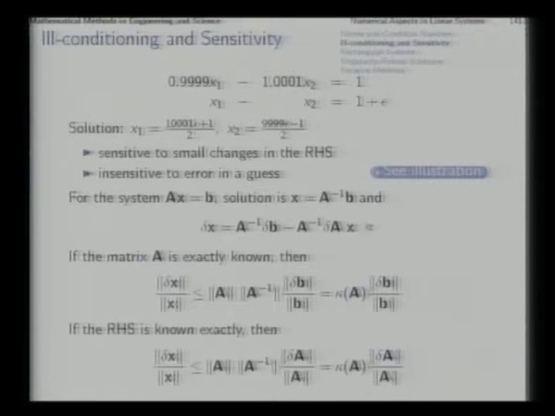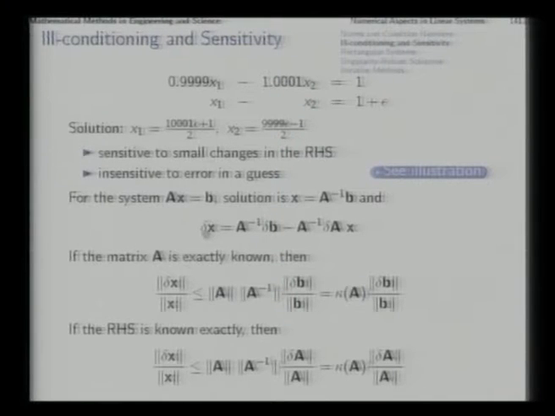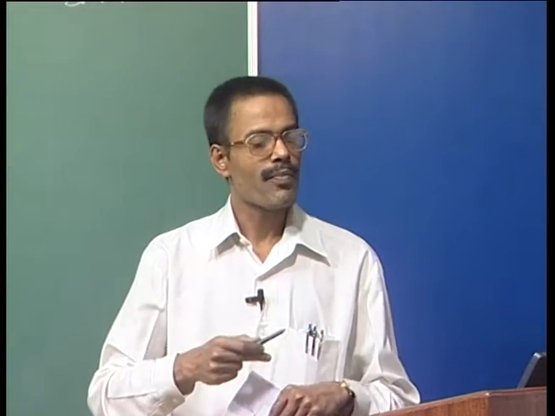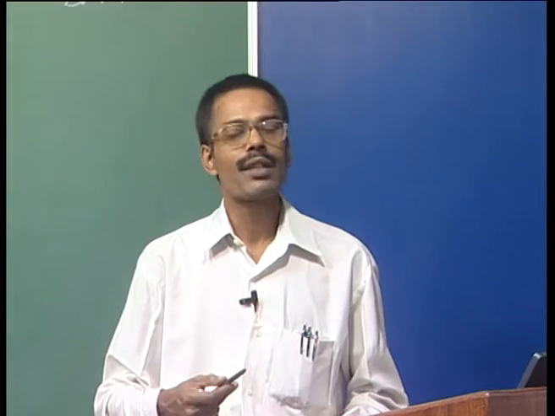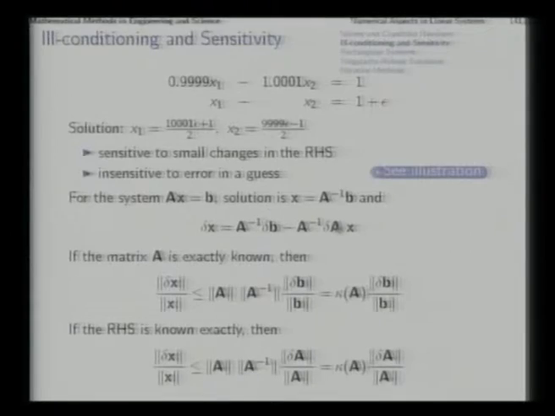Now, this we use as our important relationship which tells us how delta x changes with small errors in right hand side and small errors in the coefficient matrix. We consider the two issues separately. First, suppose the matrix A is exactly known. In that case, delta A will be 0 and we have to consider the effect of delta b.